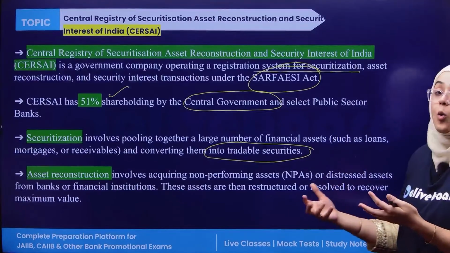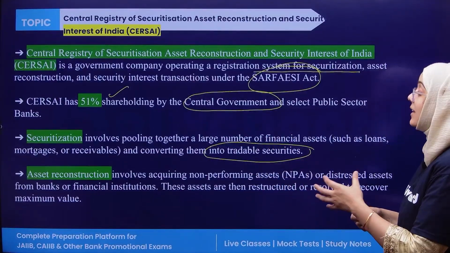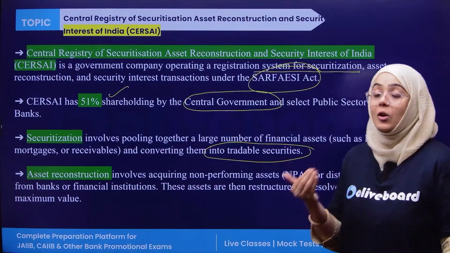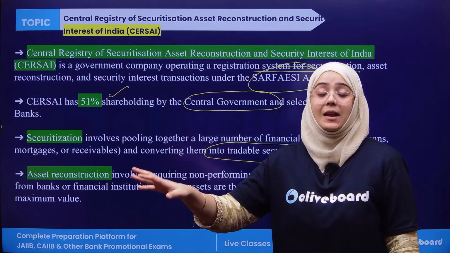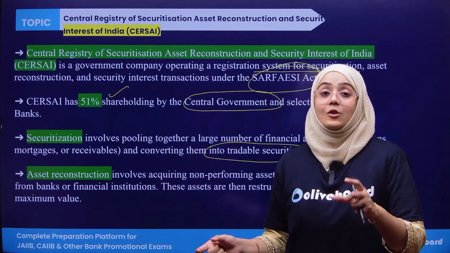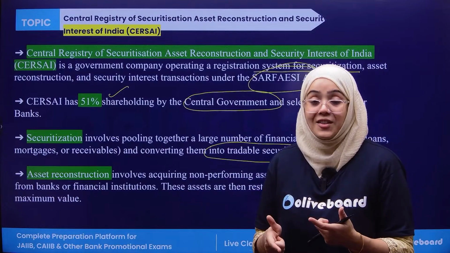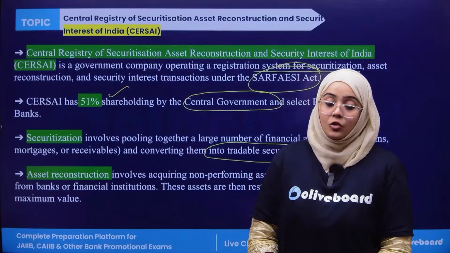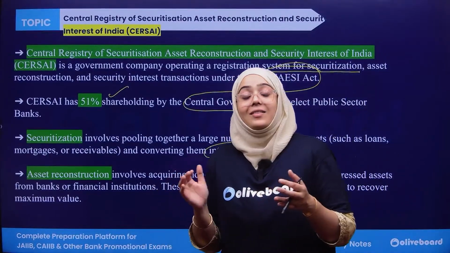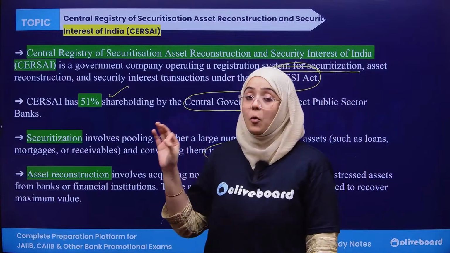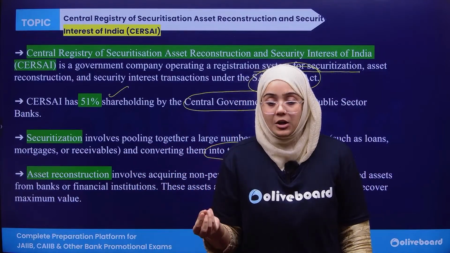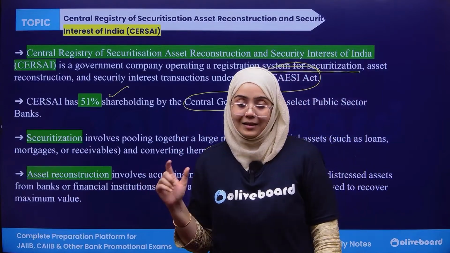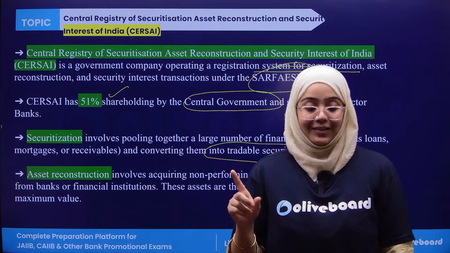Now, reconstruction is acquiring a non-performing asset or distress asset from a bank or financial institution, so that they can focus on their main functioning. And now the company takes measures to recover this non-performing asset. This is known as asset reconstruction. So these are the two most important things for which CERSI is a government authority doing this work. In CERSI, 51% holding is by the central government and the selected public sector banks.